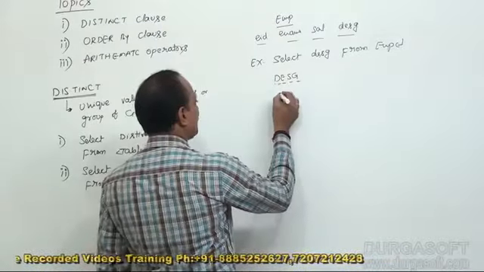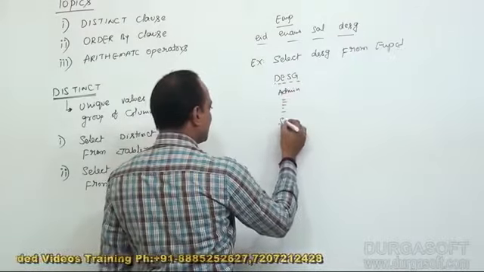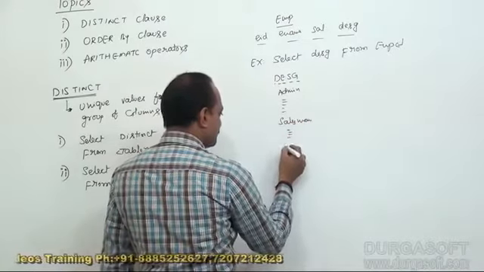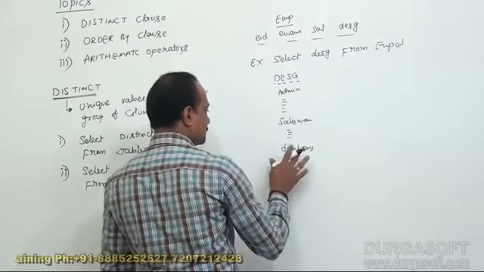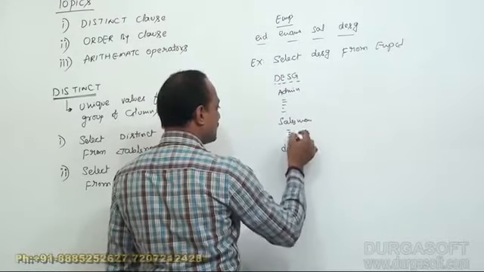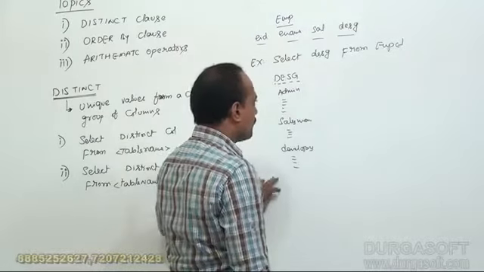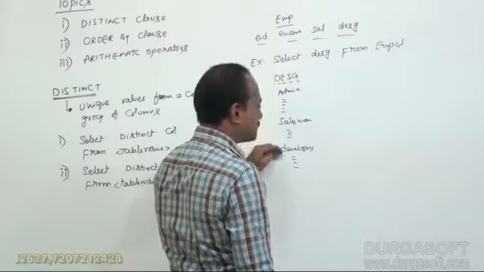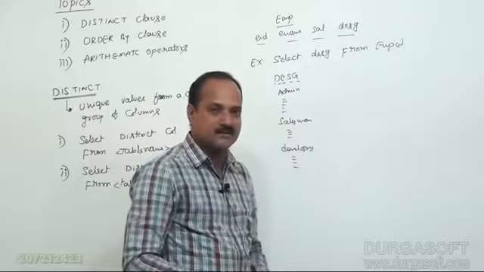If there are admins, it will display all admins; if there are salesmen, all salesmen; if developers, all developers. Don't expect all developers to be together or all salesmen to be together. It's random data. Whatever the order in the physical table, the same order of values is displayed: admins, salesmen, developers, clerks, analysts.